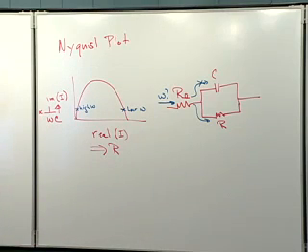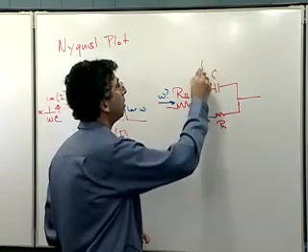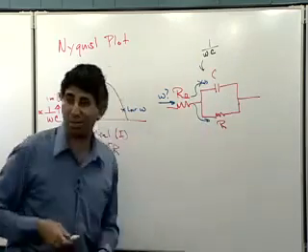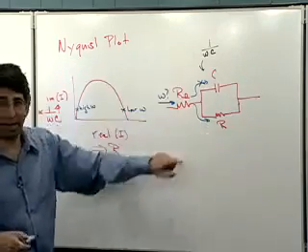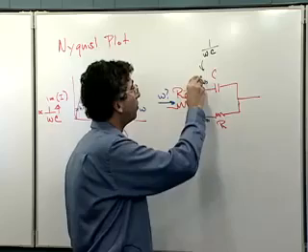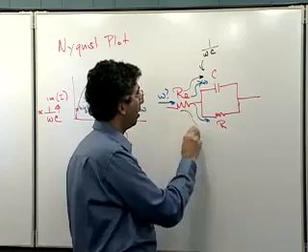On the other hand, as I change my frequency, then at some point, since this thing goes as 1 over omega C, the impedance here becomes lower than the resistance over here, and there's some magic frequency where I start passing everything through this, and in that case, nothing will go through here.